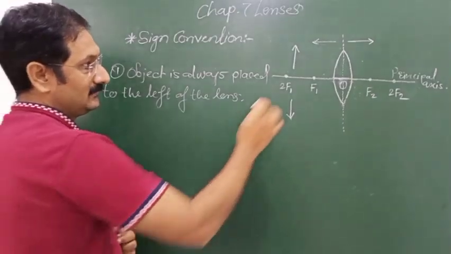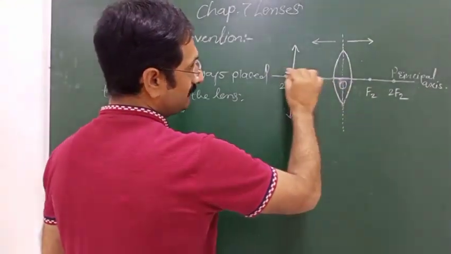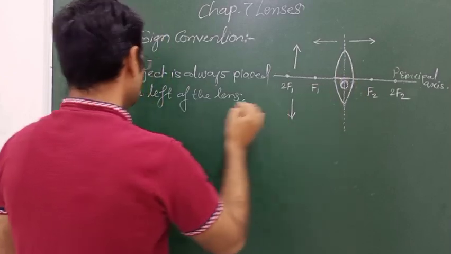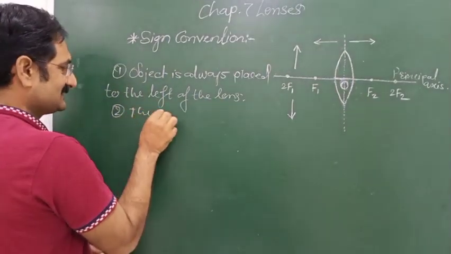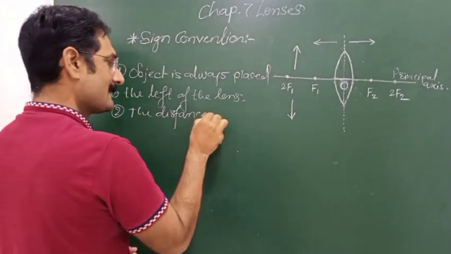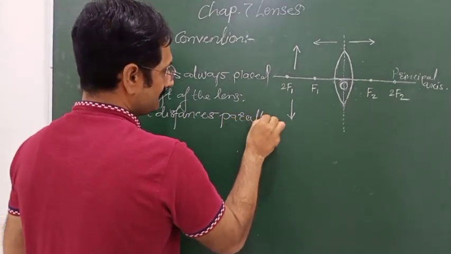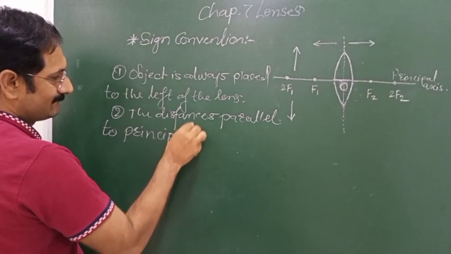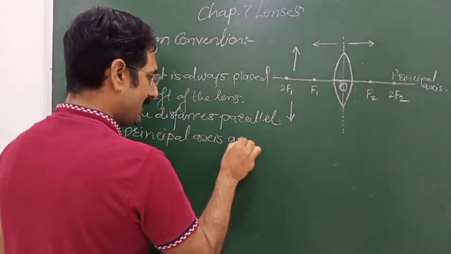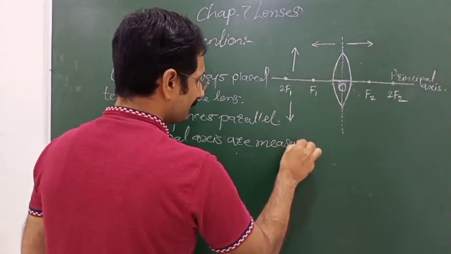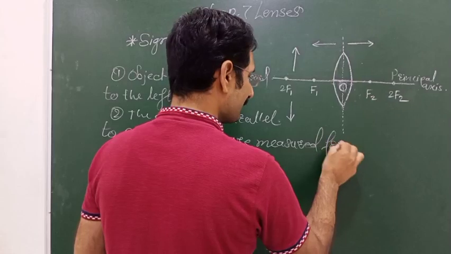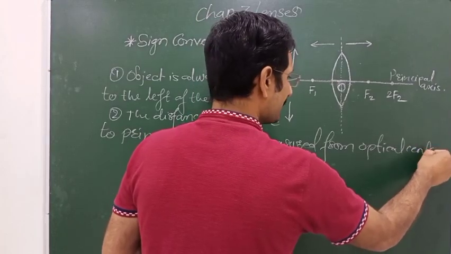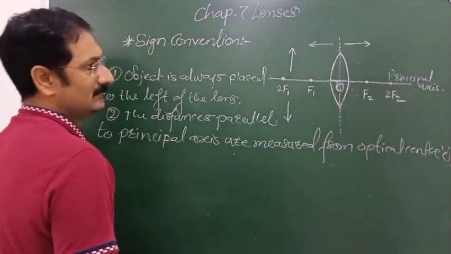The second thing is that distances parallel to the principal axis are always measured from the optical center O. Understand?